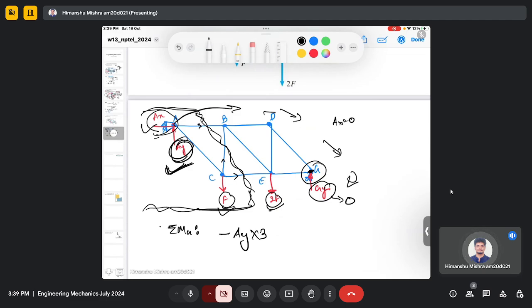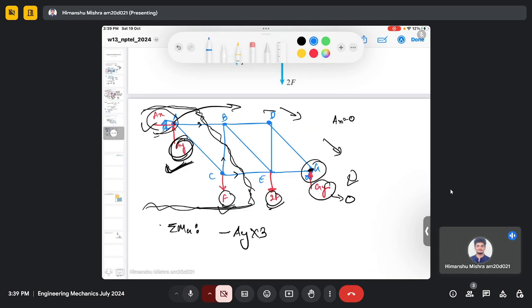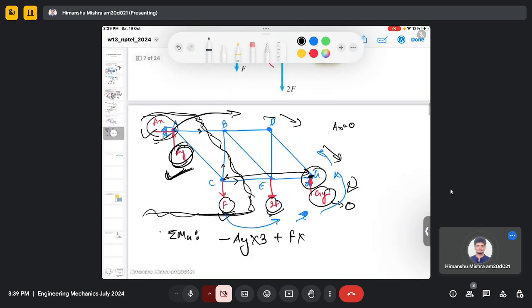Then F and 2F will create the anti-clockwise movement, because the direction of F is downward and it will rotate in this sense along point G. So anti-clockwise movement, so it's positive, so it's F multiplied by, and this is my perpendicular distance for F, which is 2 meter. Similarly for 2F, the perpendicular distance is 1 meter.